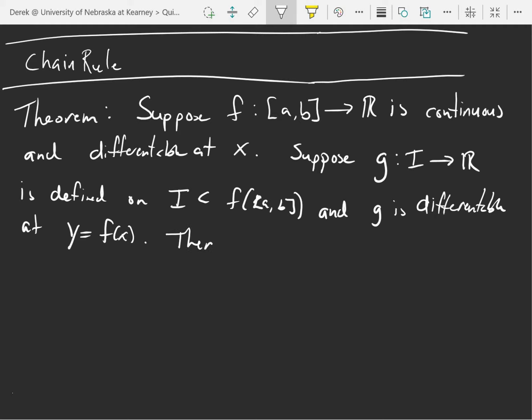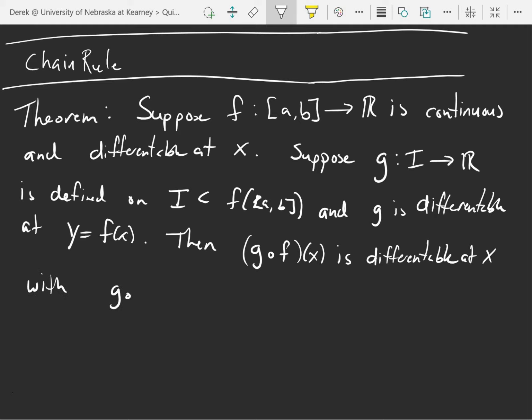Then g composed with f at x is differentiable at x, with g composed with f prime at x equal to our chain rule: g prime at f of x times f prime at x.